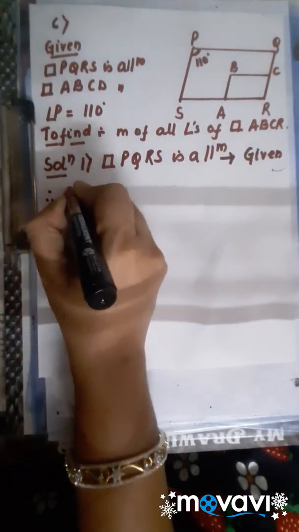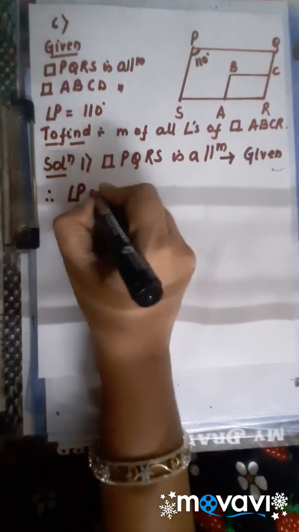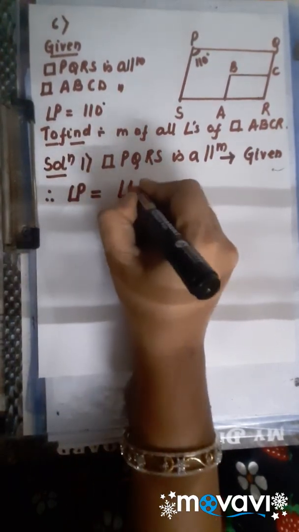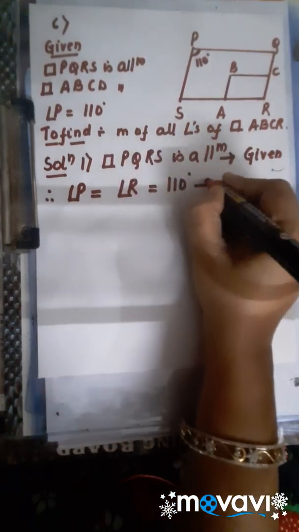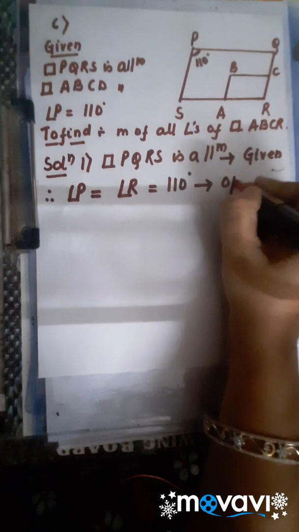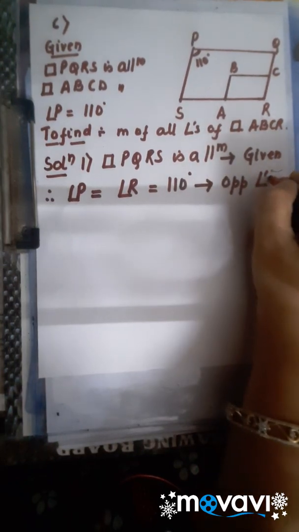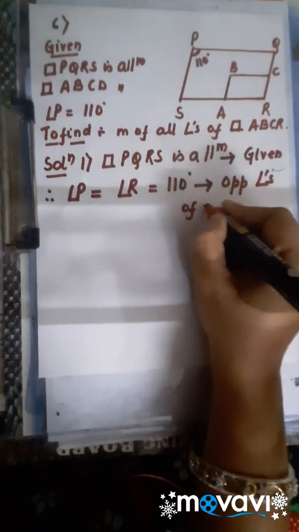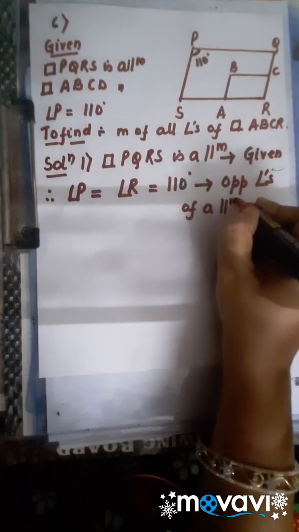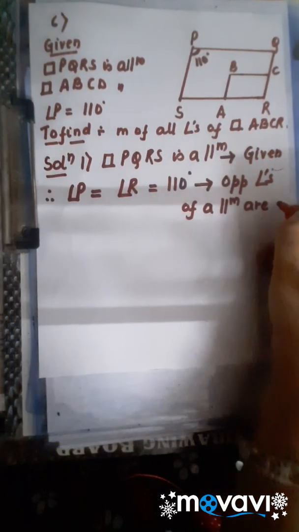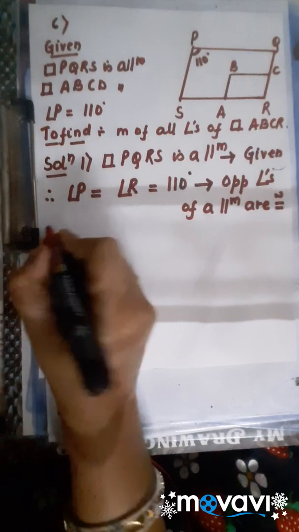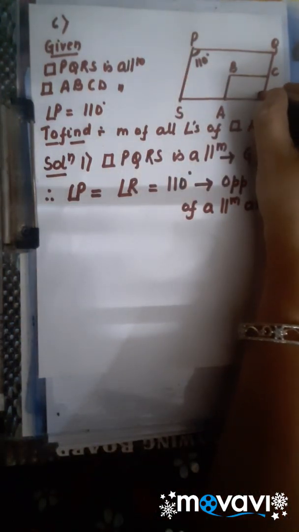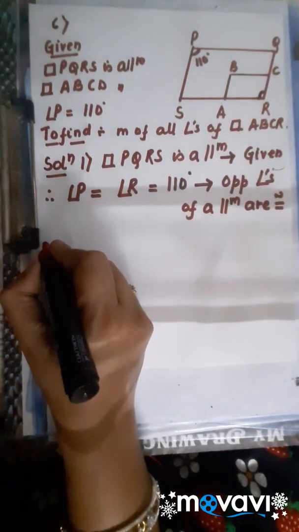Therefore, angle P is equal to angle R is equal to 110 degrees. Opposite angles of a parallelogram are congruent, correct? Therefore, I got that this angle R is equal to 110.